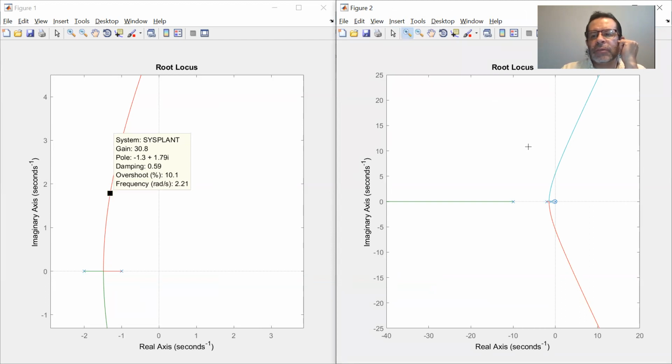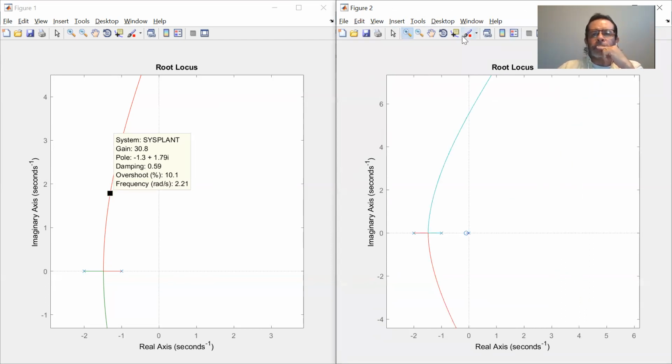And then let's go over to this one and look at the values here.